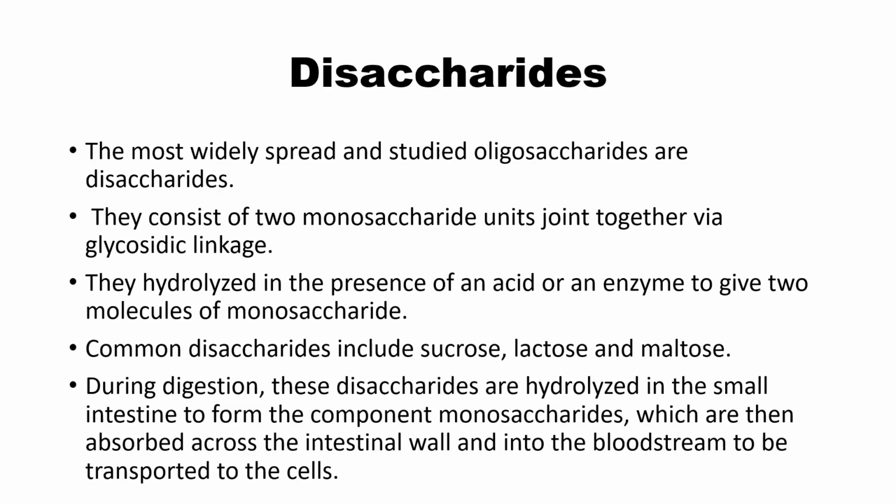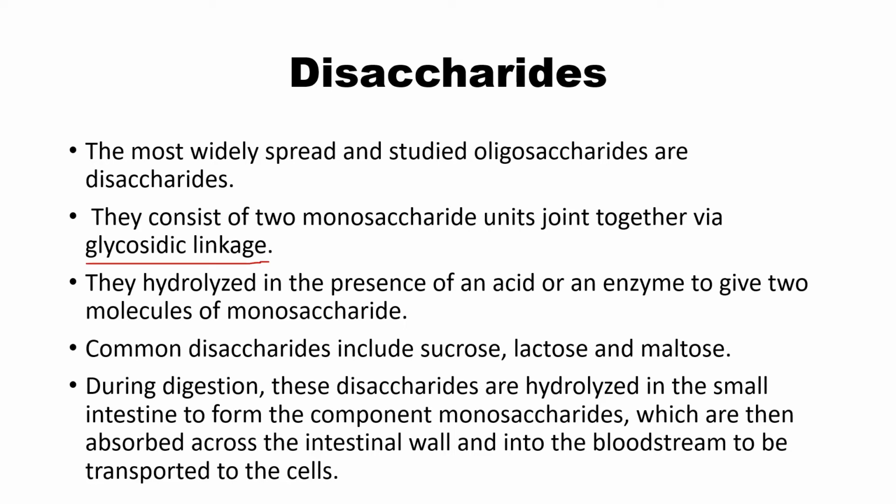Disaccharides. The most widely spread and studied oligosaccharides are disaccharides. What are disaccharides? The oligosaccharides which consist of two monosaccharide subunits are called disaccharides. They consist of two monosaccharide units joined together via glycosidic linkage.